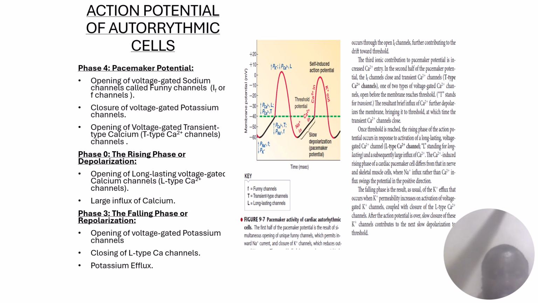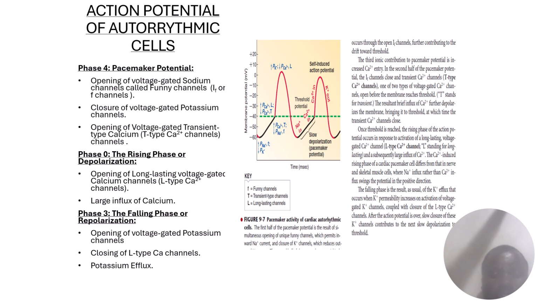Then repolarization is by potassium channel opening, and this sends the cell into hyperpolarizing potentials. But as this repolarization reaches minus 60, we again begin to open the funny channels, and there will be an influx of sodium and calcium, again sending the cell into depolarization, just like that. So they don't rest.